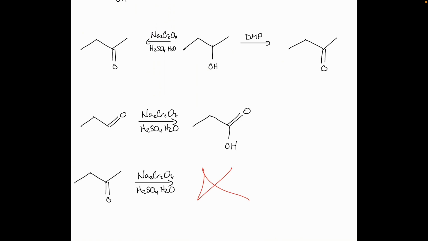Just like we can oxidize primary alcohols all the way to carboxylic acids with strong oxidizers, we can oxidize aldehydes, but not ketones, to carboxylic acids. So we can say explicitly, aldehydes can be oxidized by strong oxidizers to carboxylic acids.